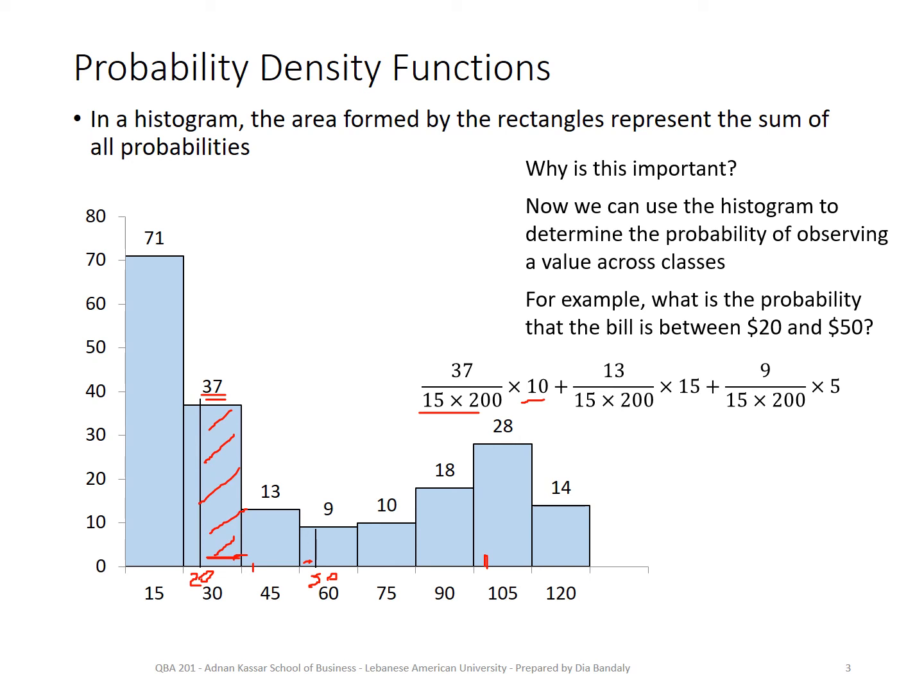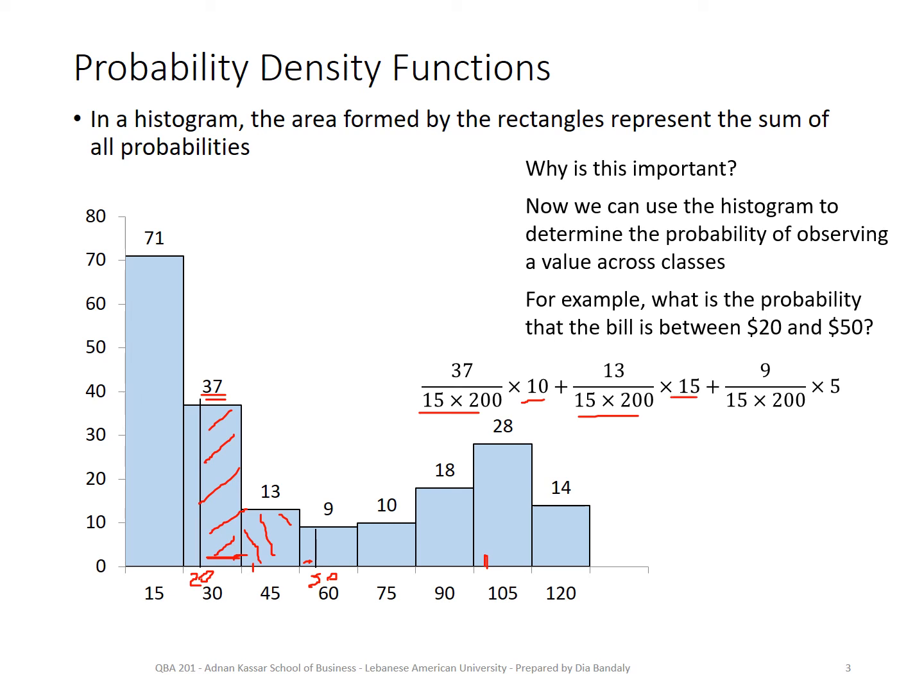Then the second part of the area is this one. This one is easy because it's the full rectangle, so it's equal to 13. Again, on the new scale, it's over 15 times 200, but now I multiply by the whole base, which is the class width 15.